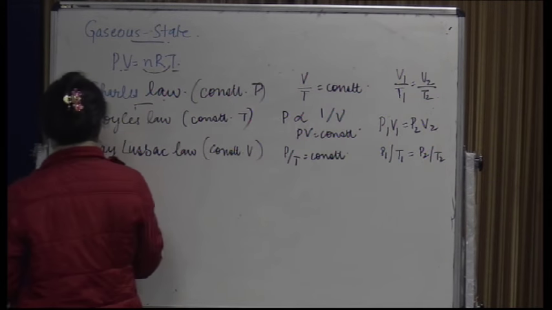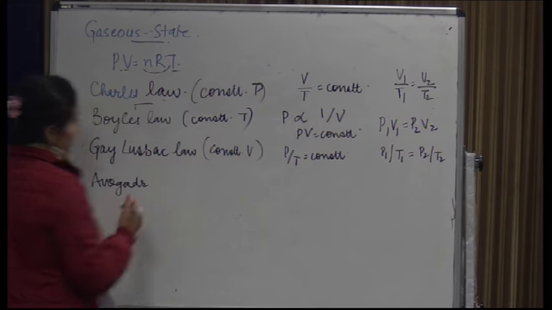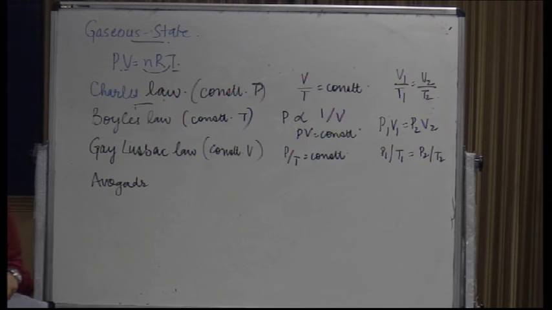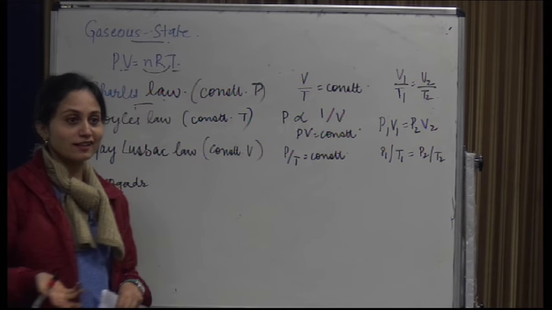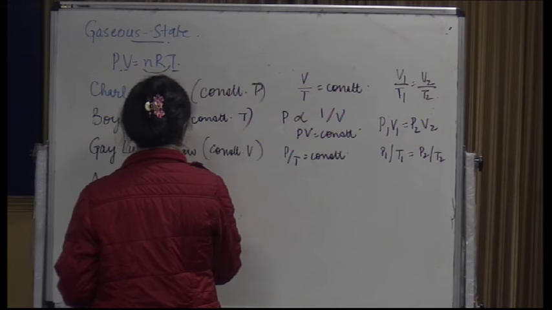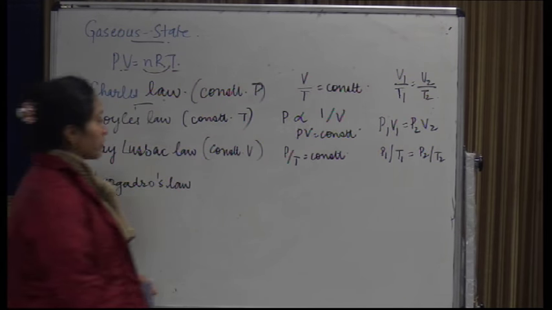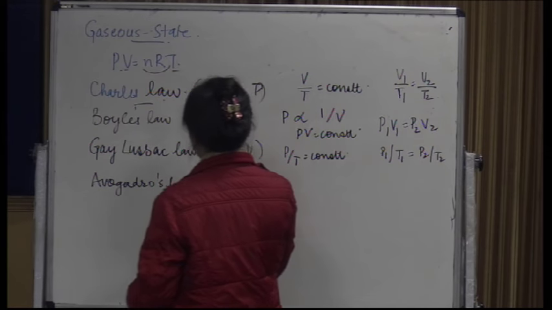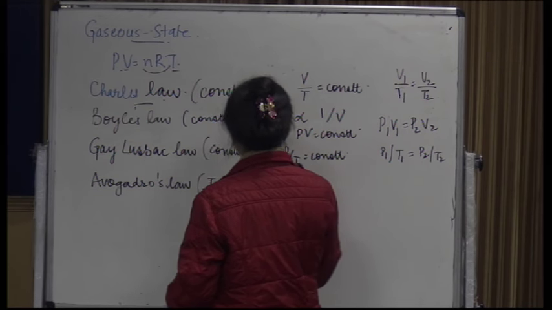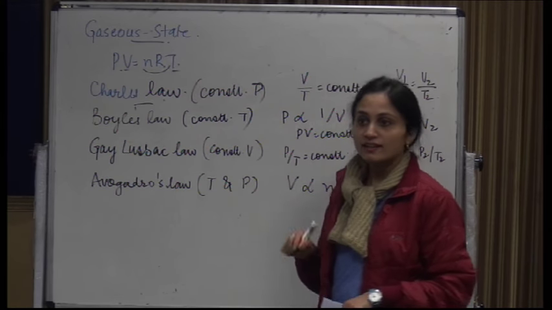Then you have Avogadro's law, which states that under similar conditions of temperature and pressure, equal volumes of all the gases will have equal number of molecules. So if temperature and pressure are constant, then volume is directly proportional to n.